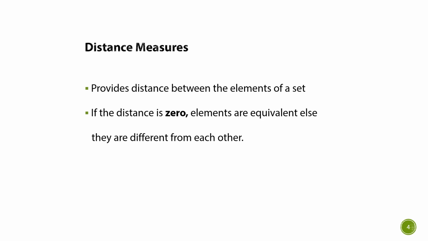A distance function provides the distance between the elements of a set. If the distance is 0, then the elements are equivalent, else they are different from each other. A distance function is nothing but a mathematical formula used by a distance metric. The distance function can differ across different distance metrics.